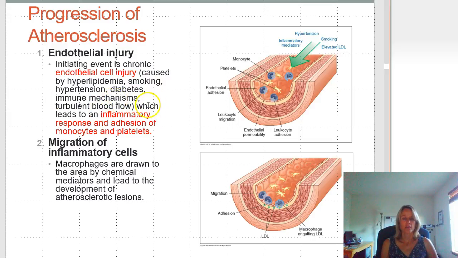Essentially these things damage the endothelium, and that causes an inflammatory response, which causes white blood cells, monocytes, as well as platelets to migrate to the area in response to chemical mediators released from the damaged tissue. Okay, so the inflammatory process begins. The inflammatory cells are drawn to the area, and we have the development of the first atherosclerotic lesions.